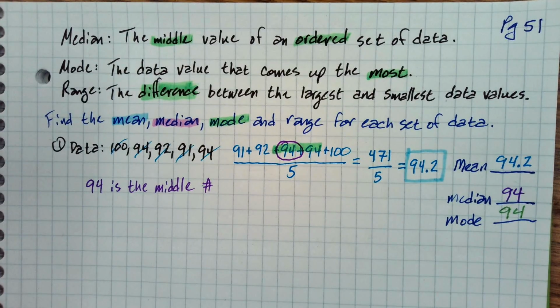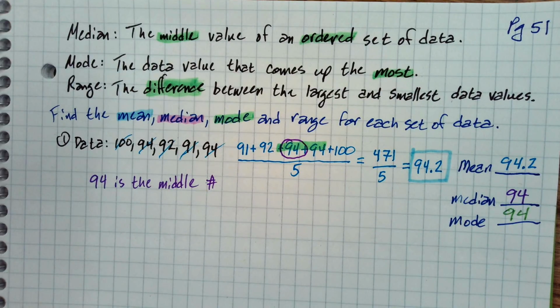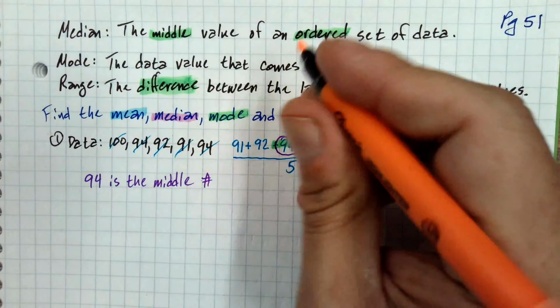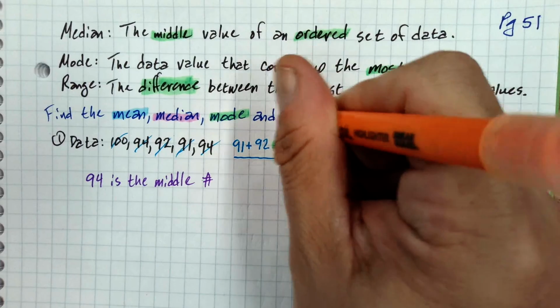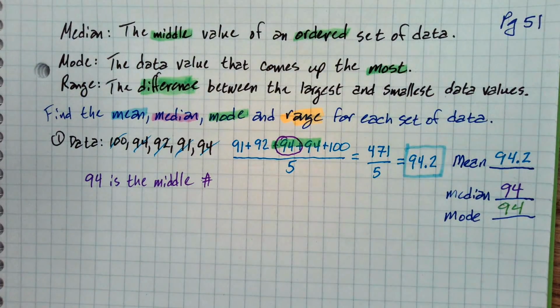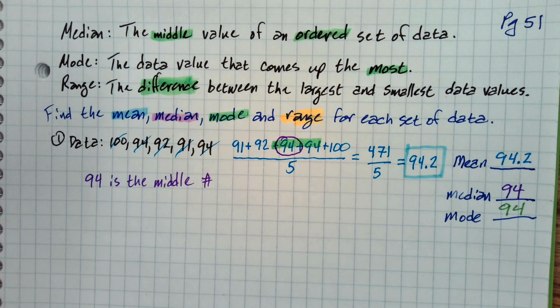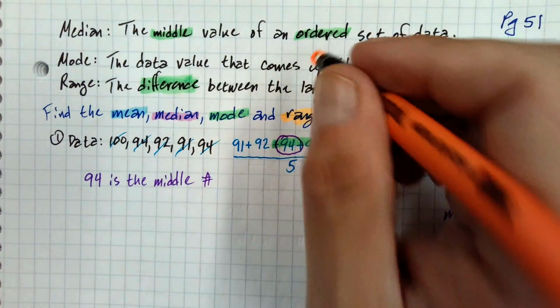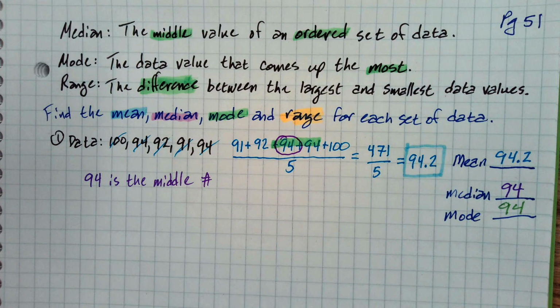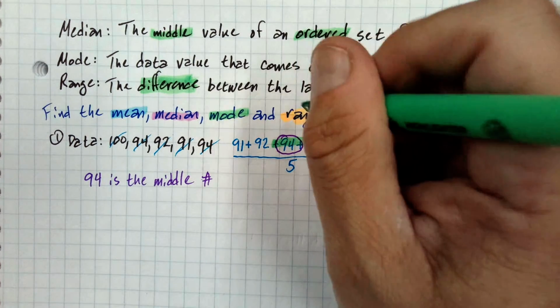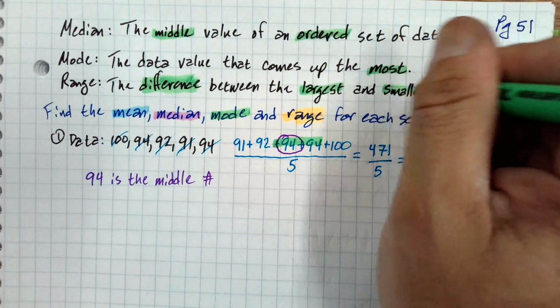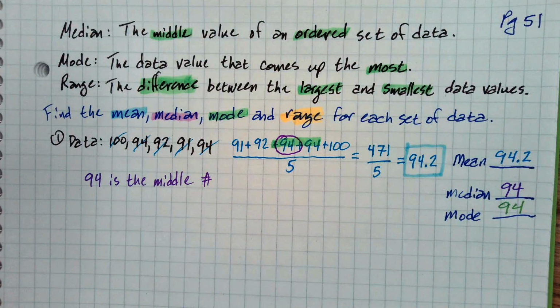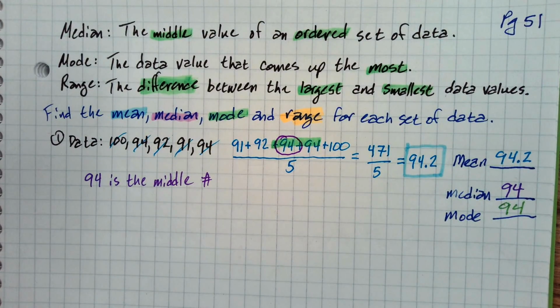Okay? And we only have one thing left to find, and that is the range. That's easy to find. It's the difference between the largest and the smallest. So we're going to look for the largest number in our data, the smallest number in the data, and subtract them.